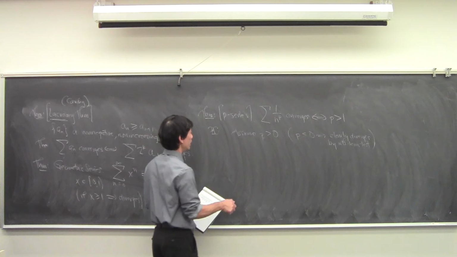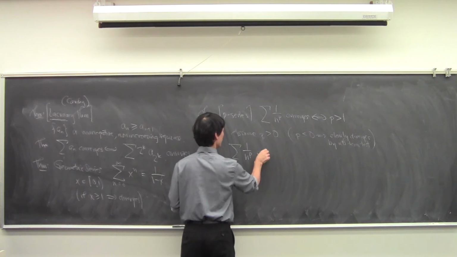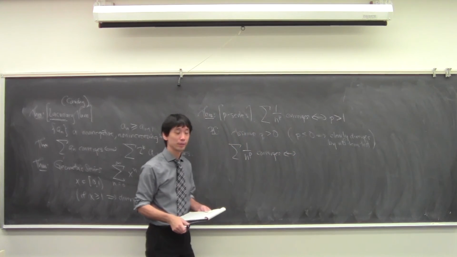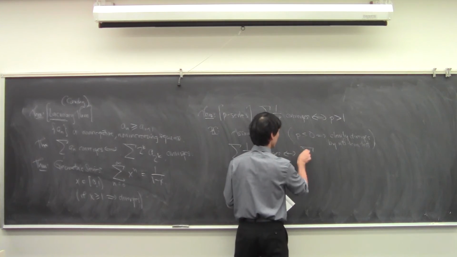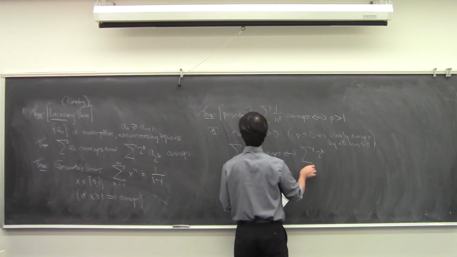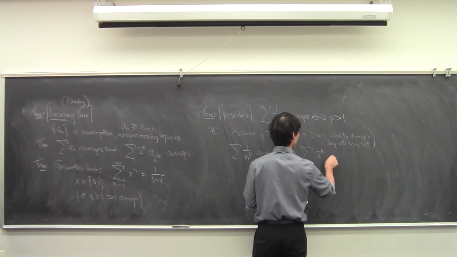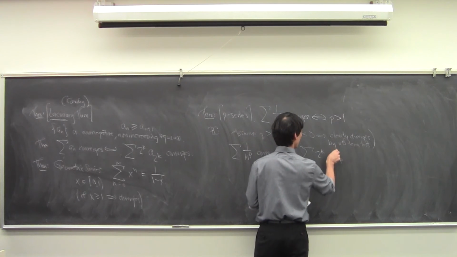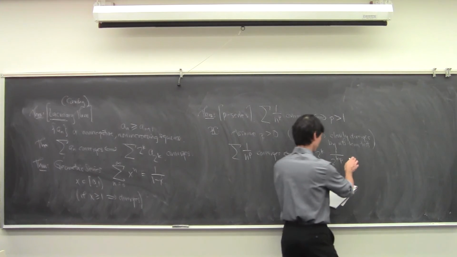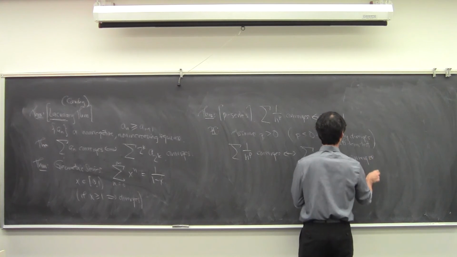So what happens? The lacunary test says that this thing converges if and only if what converges? The summation of 2 to the k times 1 over 2 to the k to the p converges.